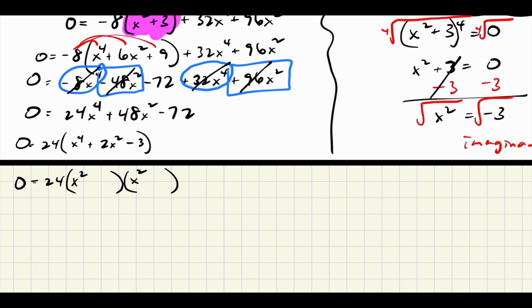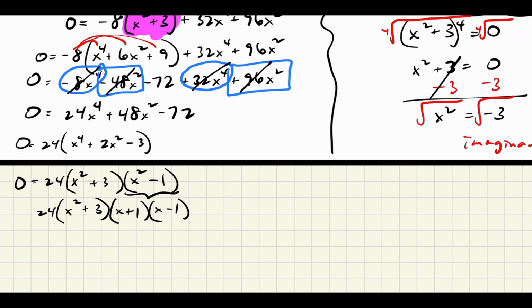So I need the two numbers that multiply to be negative 3, but add up to be positive 2. Positive 3 and negative 1. One of them happens to be difference of squares. So it's 24 times x squared plus 3, x plus 1, x minus 1.